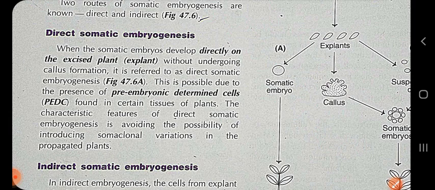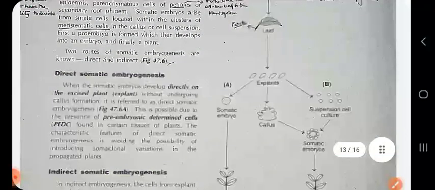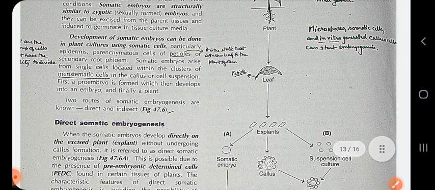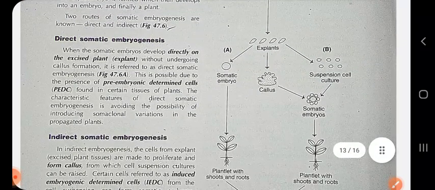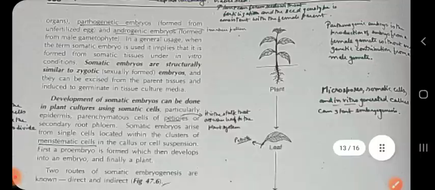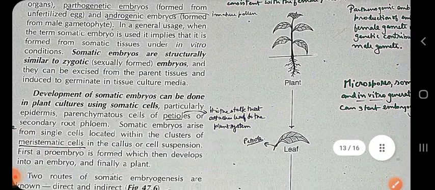So there are some cells called pre-embryogenic determined cells, which are actually the mesosomatic cells, which have the capacity to divide and undergo several morphological changes to form the somatic embryos. So this is the direct somatic embryogenesis process.